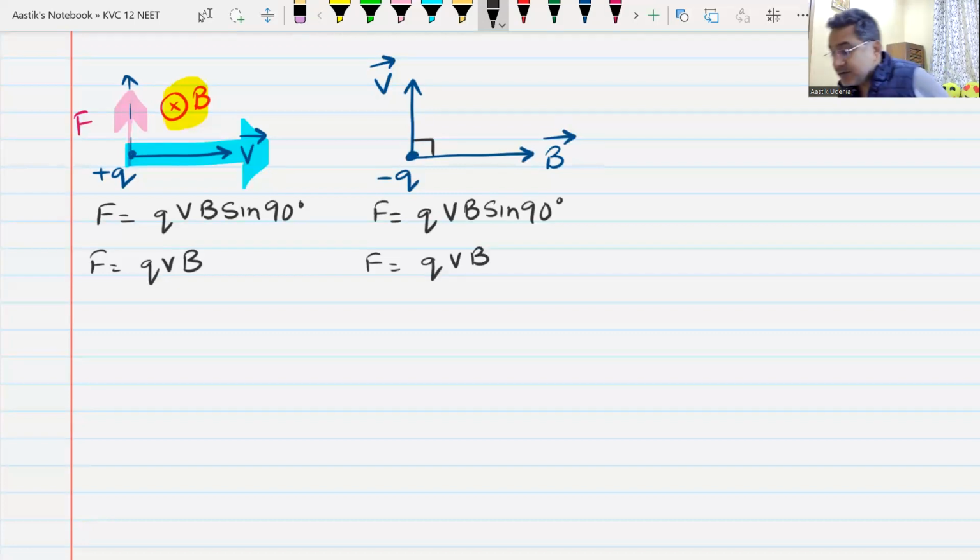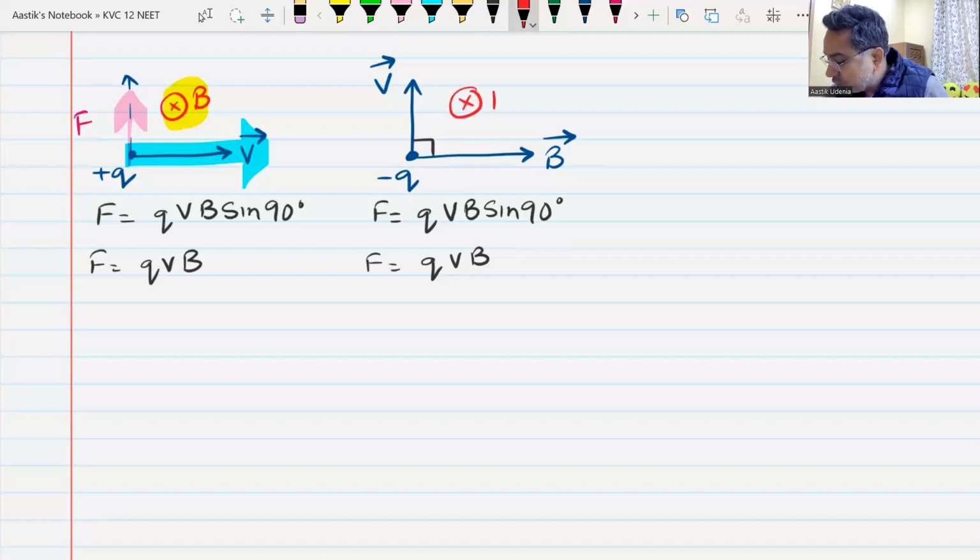To find out the direction of force, again move my hands. V is going upwards. Palm is like this. It is in the x-axis. V is upwards. Magnetic field is here. And you can see where my fingers are going. My fingers are going inside. Inside means cross.